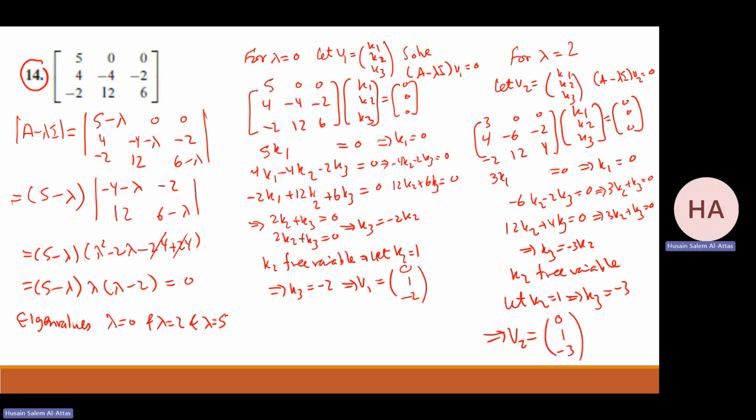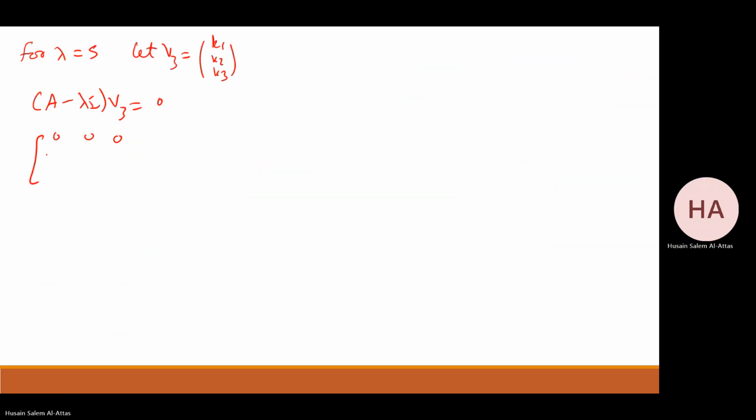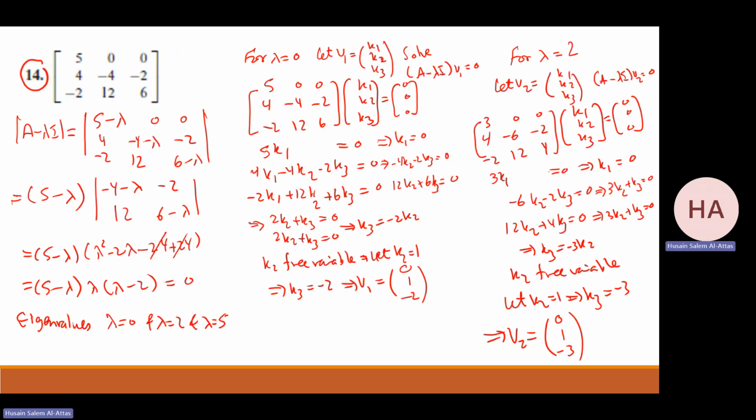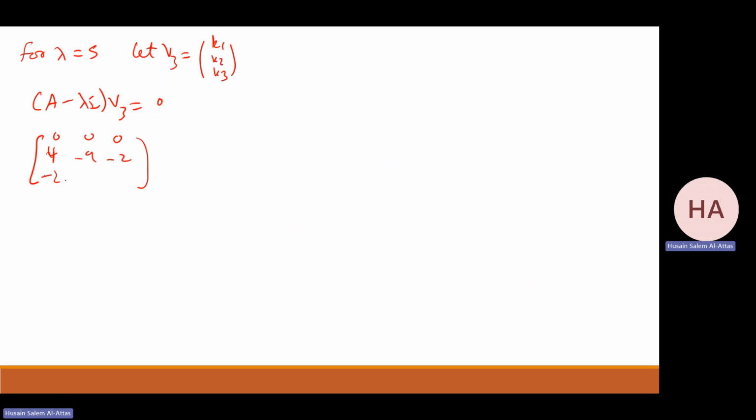Okay. 4, minus 9, minus 2. Minus 2, 12, 6 minus 5. That will be 1. Times k1, k2, k3 equals 0, 0, 0. I want to solve the system.